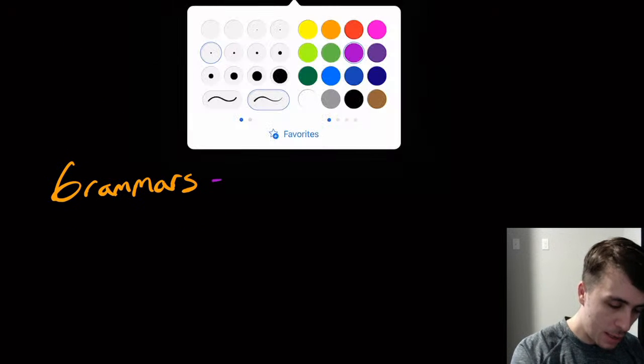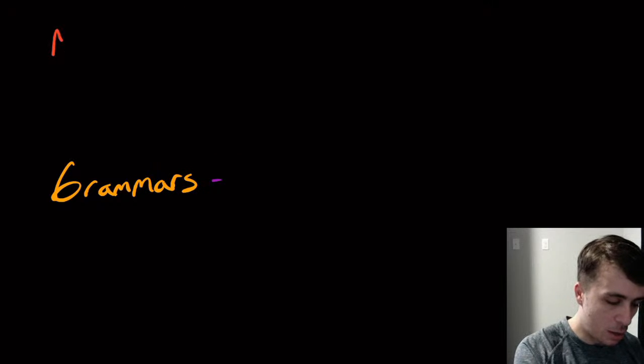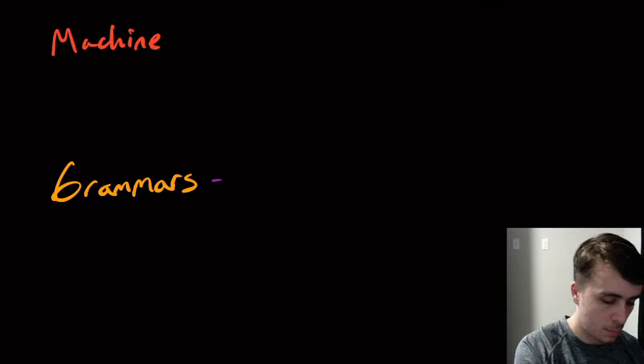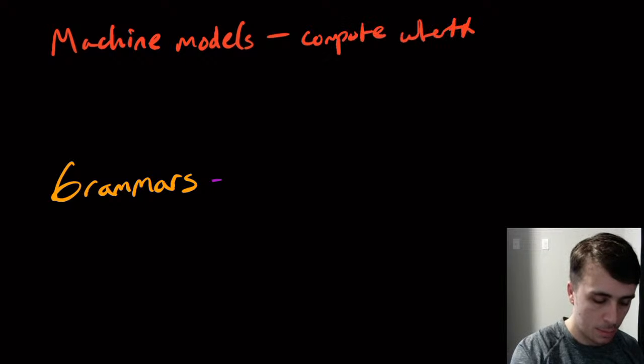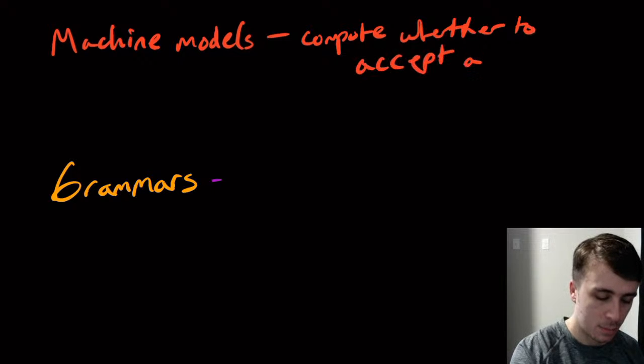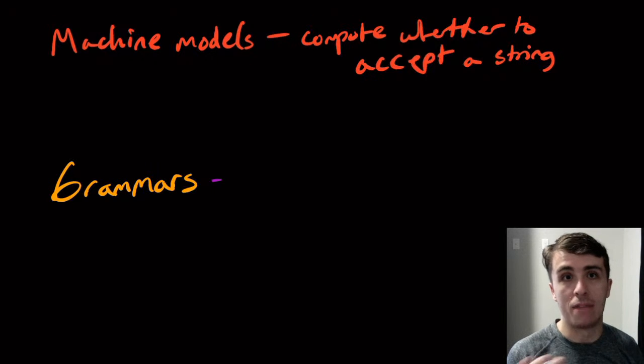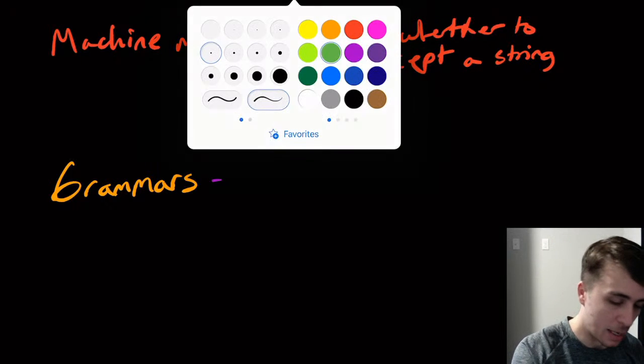The main objects that we've been dealing with are machine models, which compute whether to accept a string or not. That's the main advantage of a machine model. You compute it by going into states or whatever, and then you accept or not accept.